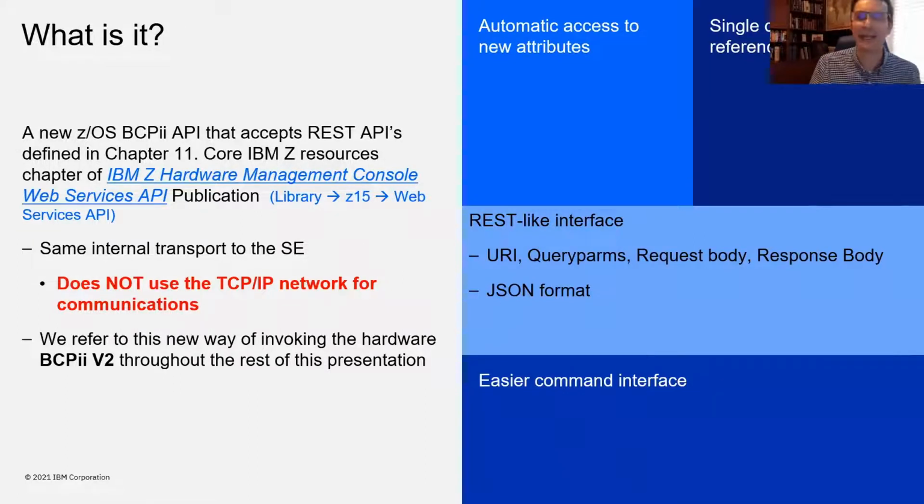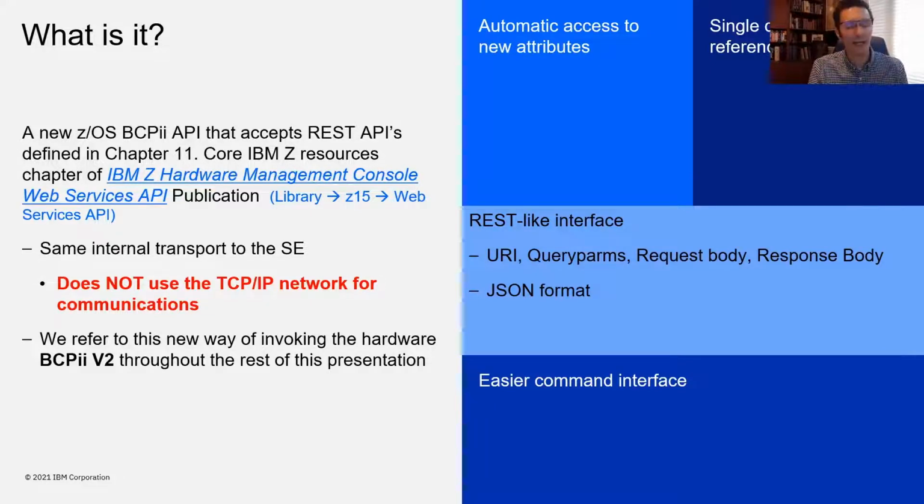So what do I get using this thing? I'm not going to change my program just for the sake of changing my program. I need to get some benefits from this, and so we're going to talk about those. One of them is that if you use the HWI REST interface, you have access to a whole new set of attributes that were not available with the traditional BCPii non-REST API interface.